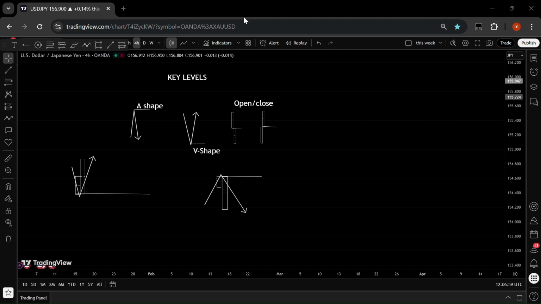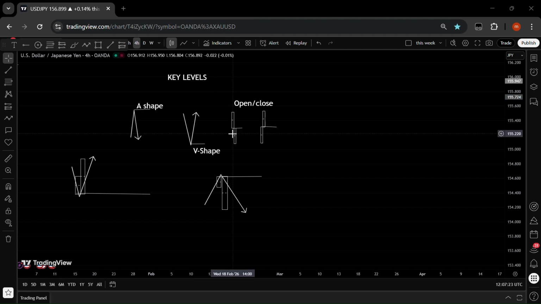Now open close key levels, we can identify these as the separation, or the line, in between two candles of the same type. If we have a bearish candle, and the next candle is also bearish, the line in between shows the closing and the opening of these candles. So this is a bearish open close key level.